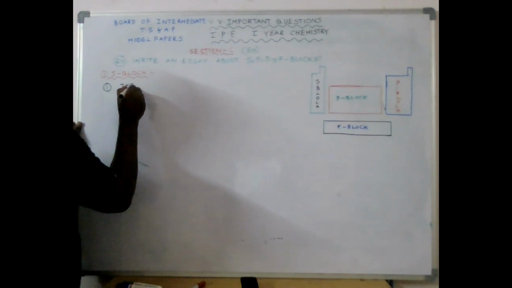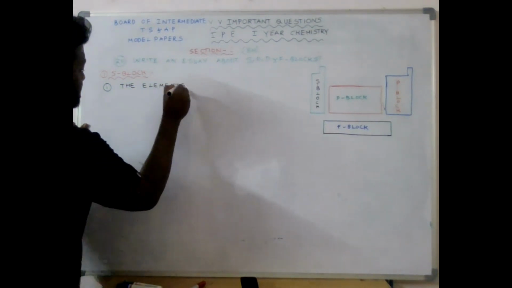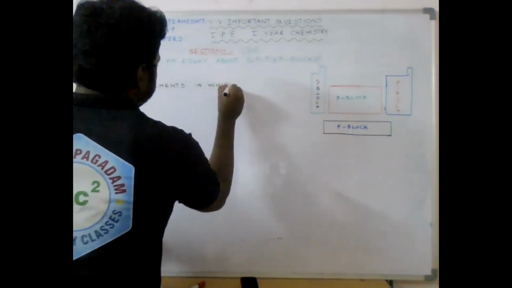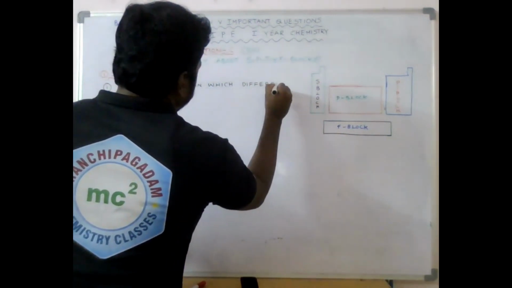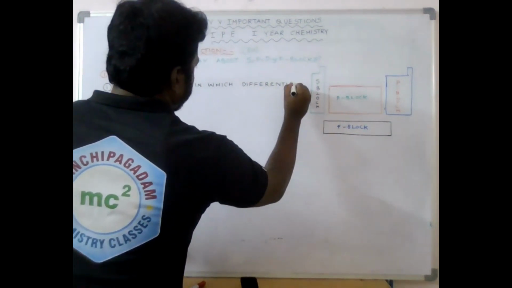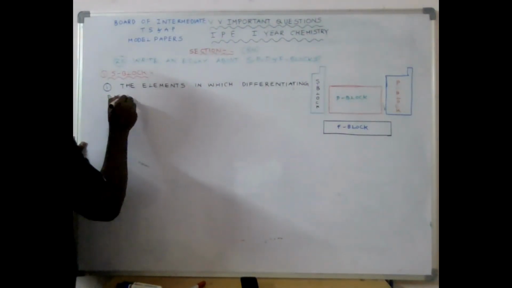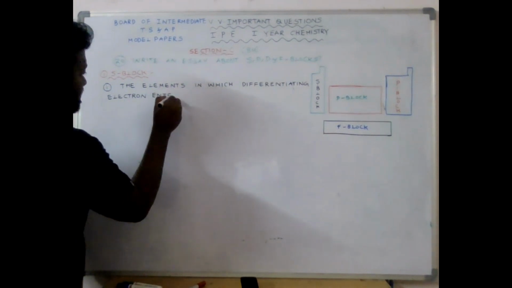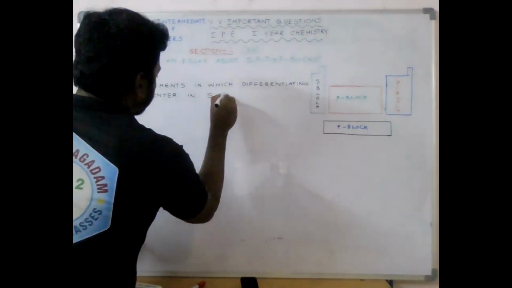So the elements in which differentiating electron enters in S subshell.